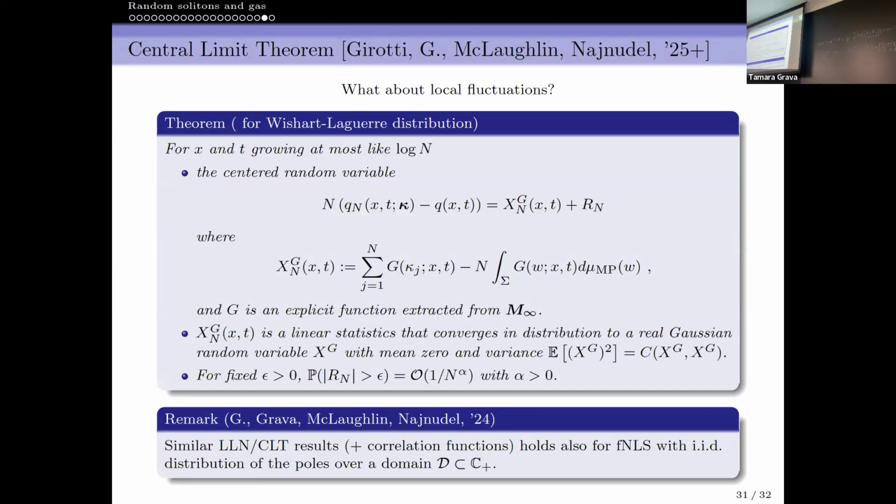This quantity is a linear statistic of a function which I call G, which is explicitly given as an entry of the matrix N infinity, the soliton gas. And it converges in distribution to a Gaussian random variable. So it means that basically all these fluctuations, the fluctuation of this Qn minus Q, are Gaussian random variables.